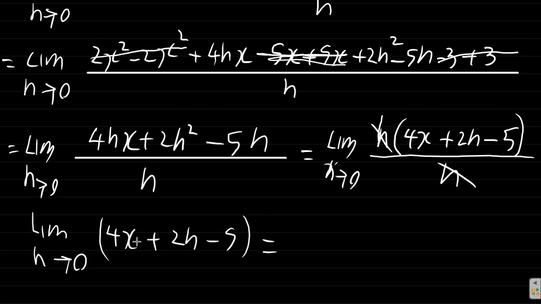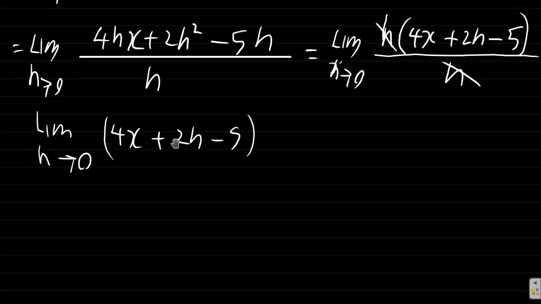Equal. Now, as h tends to 0, 2 times 0 is 0. So what you have? Since we have this happening, when we check as it tends to 0, then we call it dy by dx is equal to 4x minus 5. 4x minus 5. That's what we have.